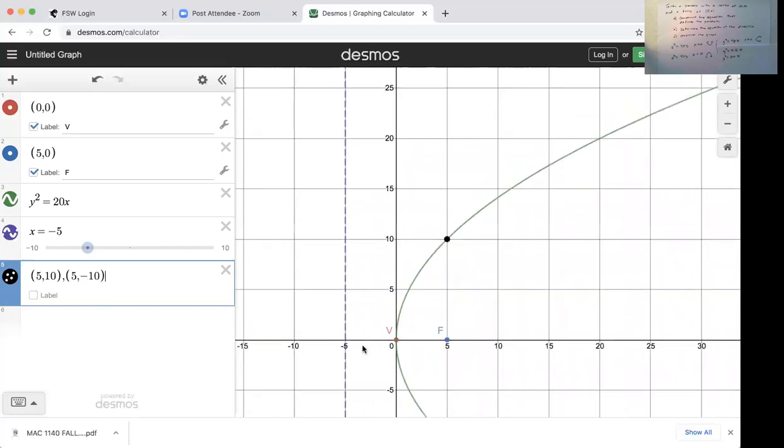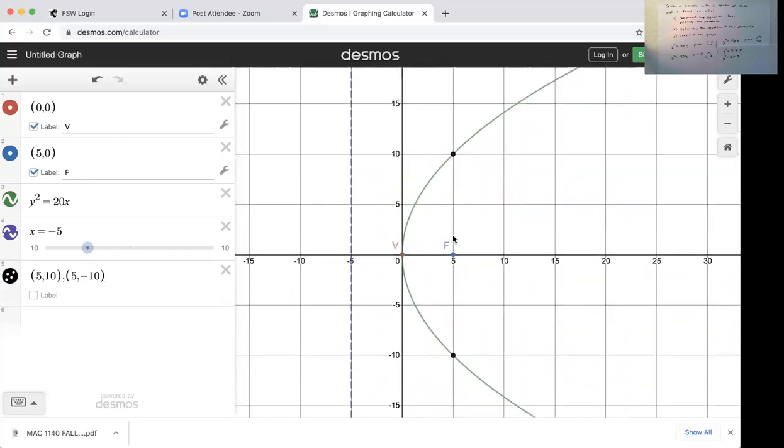If we look at that, you'll notice this distance, 10 units away, 10 units away. This is actually called the latus rectum. If I look at x equals 5 and range it from -10 to 10, you may see that in some textbooks as the latus rectum.